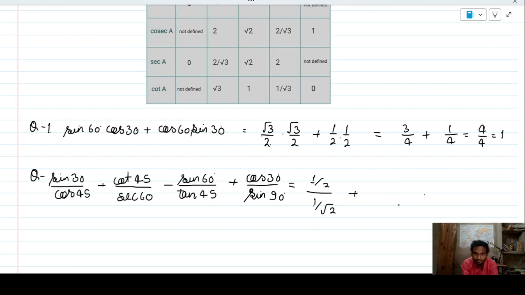Value of cot 45 is 1, and sec 60 is the reciprocal of cos 60.